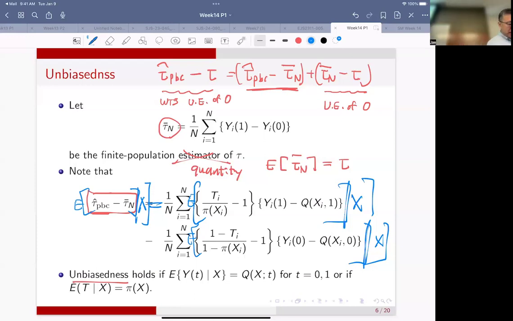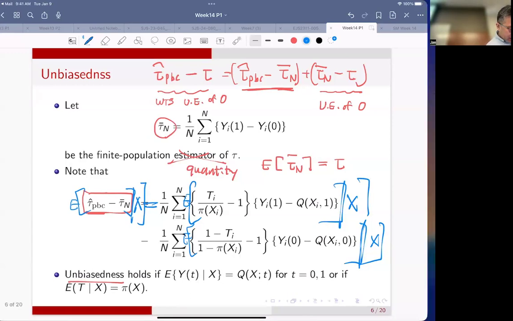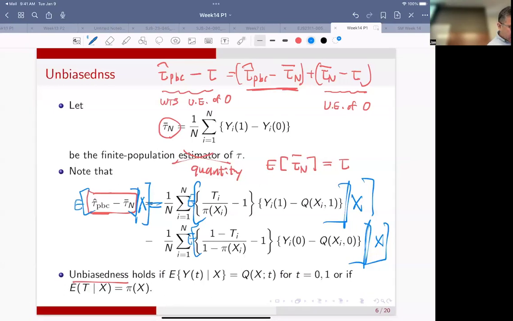Then t and y1, y0 are independent, conditional on x.